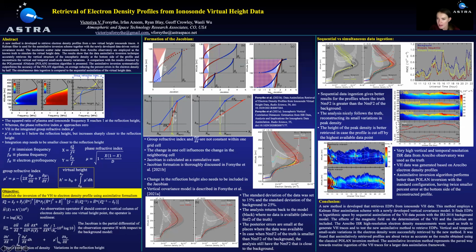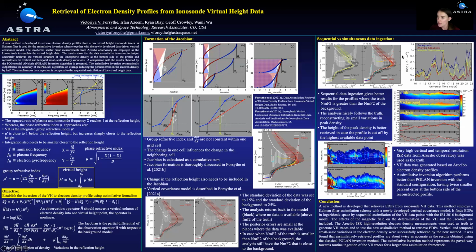When the background is below the frequency of these data points, then the model data, the data that's supposed to be observed by the known background, cannot be calculated. Therefore, the assimilative scheme basically ignores these last points, and the profile stops without reaching the actual peak of the density based on observations.